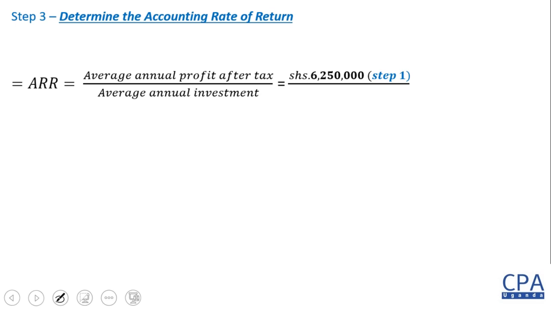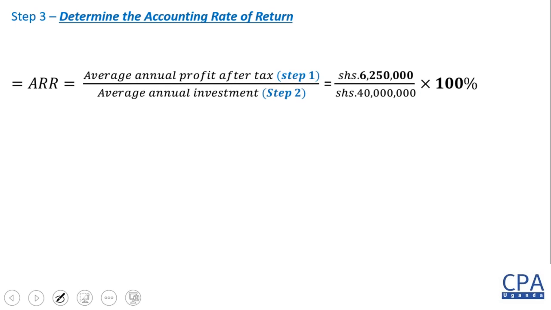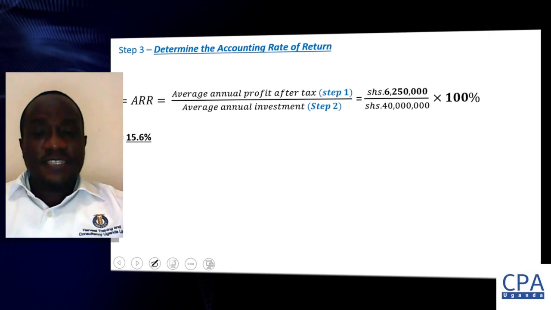From our step number 2, we got 40 million as our average annual investment. And of course, we need a percentage. We shall multiply that fraction with 100%. So check with the calculators. You'll find that you get 15.6%.